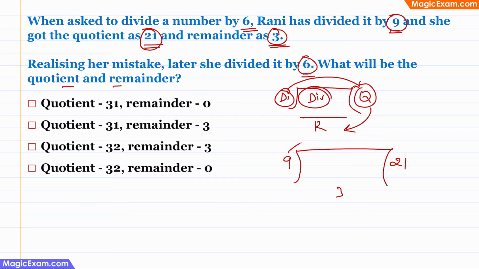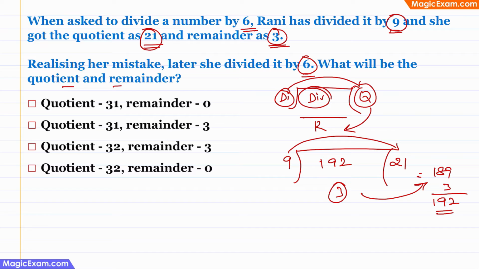So if we multiply 9 with 21, we will get 189. And we will add the 3 to this number, so it will become 192. So this number here originally was 192. So 192, when we divide it with 9, we get the quotient as 21 and the remainder will be 3.